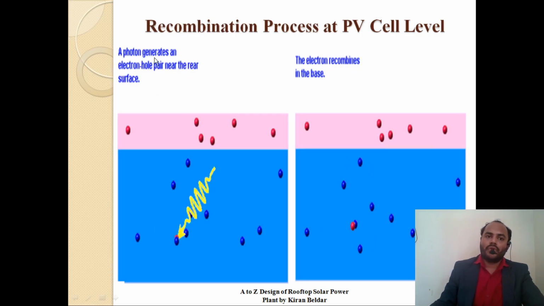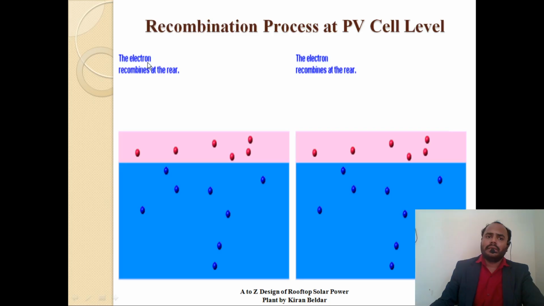Fourth, a photon generates an electron hole pair near the rear surface. That time the electron recombines with the base, so there is improper collection or generation of electricity. The electron recombines at the rear.